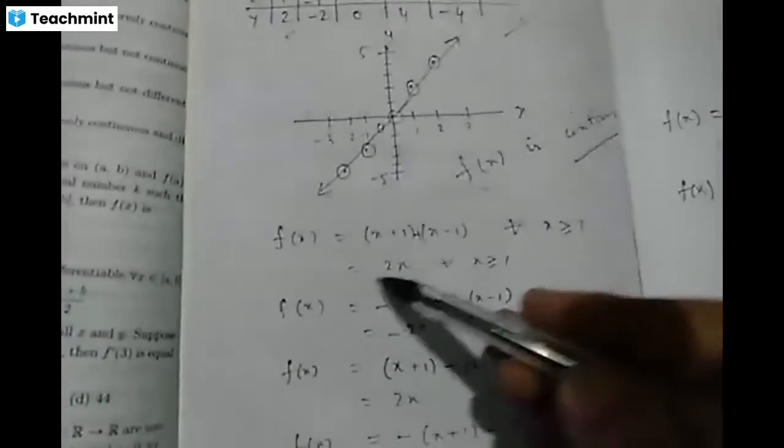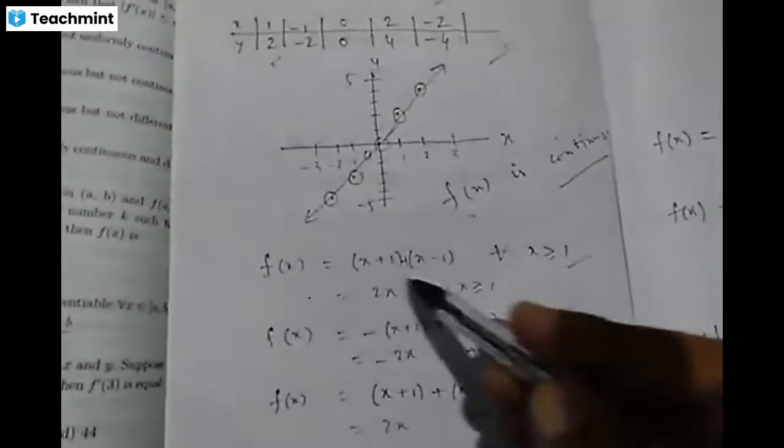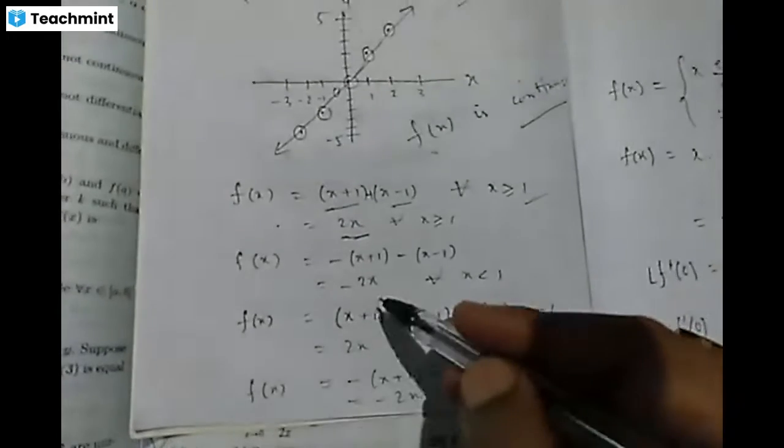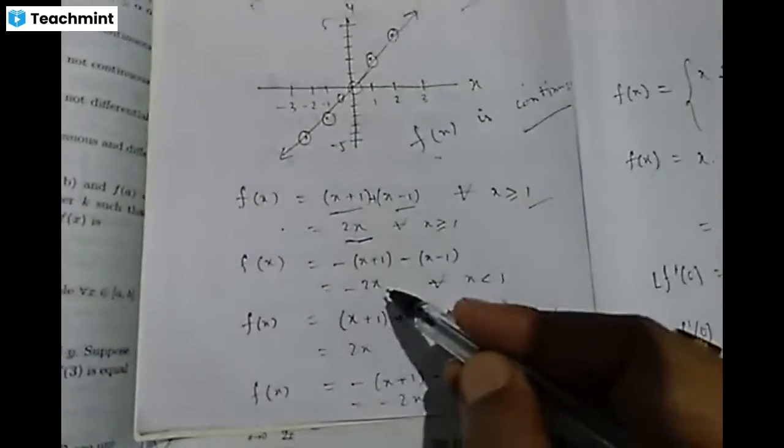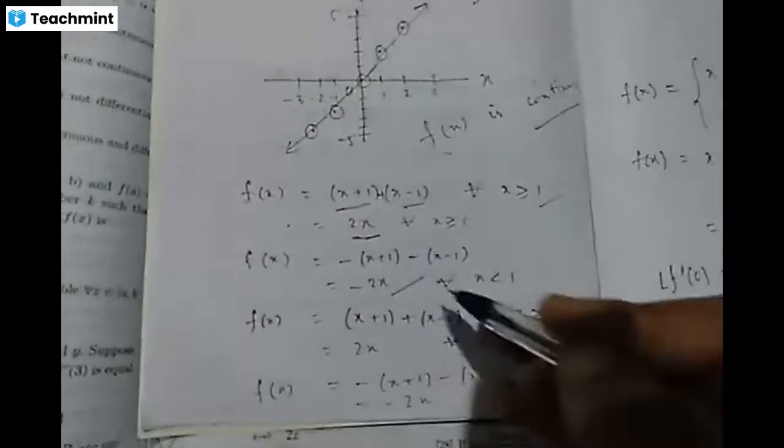We can write f(x) when x is greater than or equal to 1, then both terms will be positive, so we get f(x) = 2x. And when x is less than 1, we get f(x) = -2x.